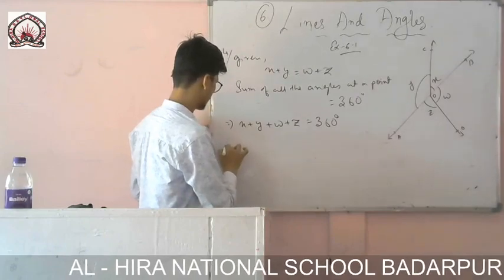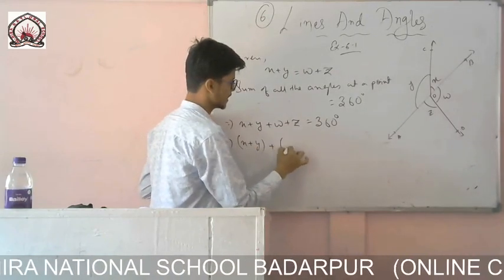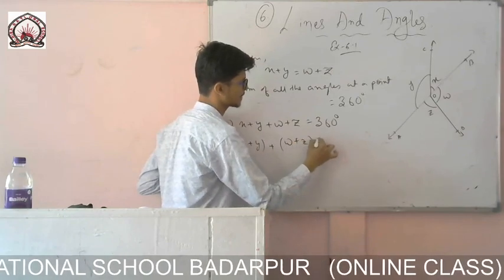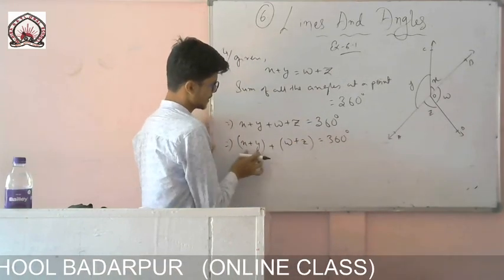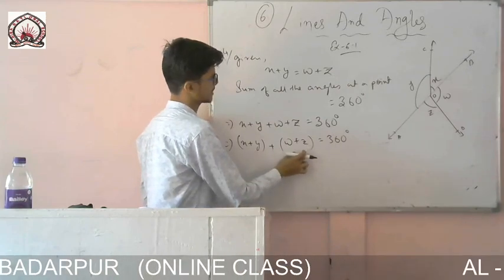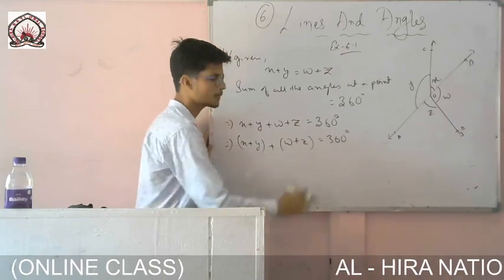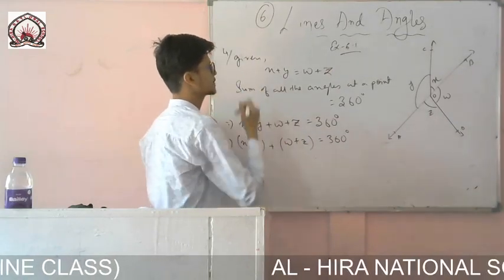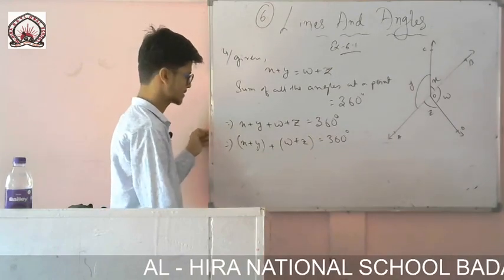So let me write it like this: x plus y in a bracket, and w plus z again in a bracket. Now you see x plus y plus w plus z, but x plus y is equal to w plus z. So in place of w plus z I can write x plus y, or in place of x plus y I can write w plus z, anyone.